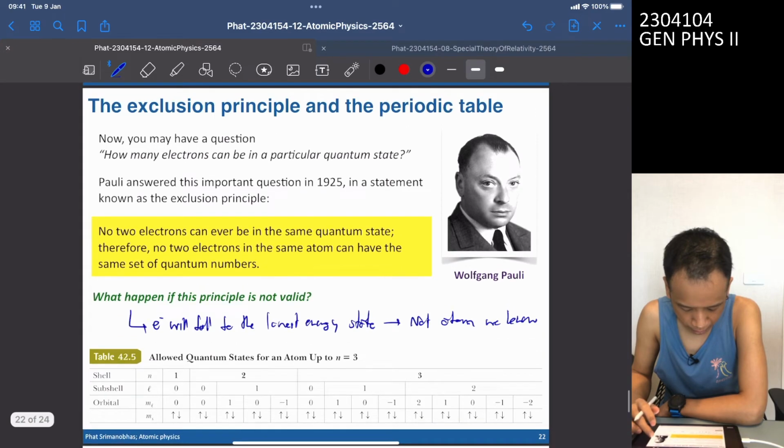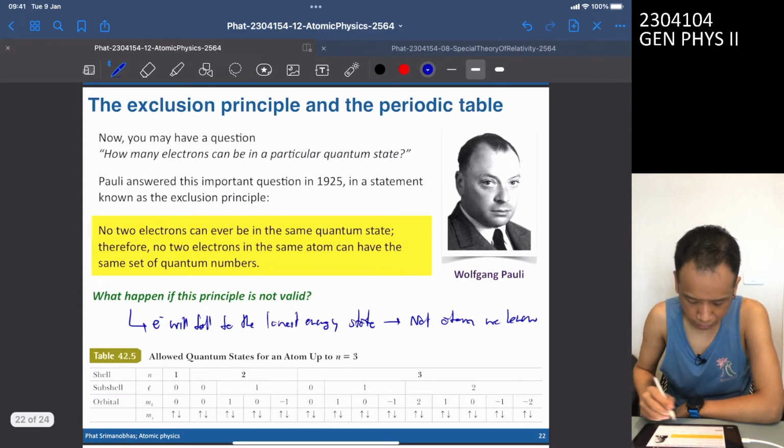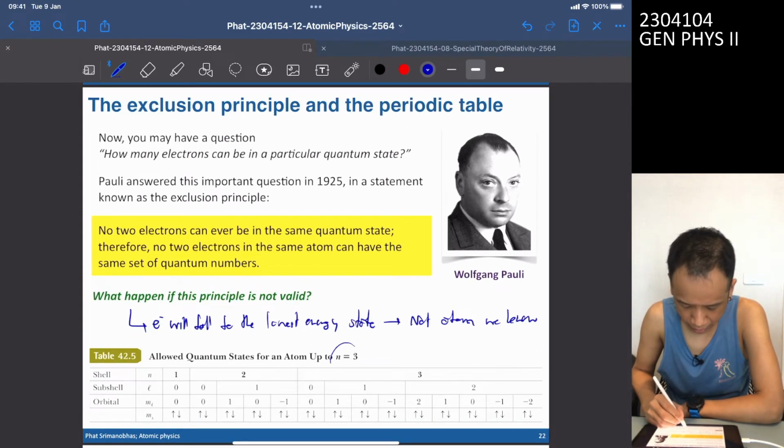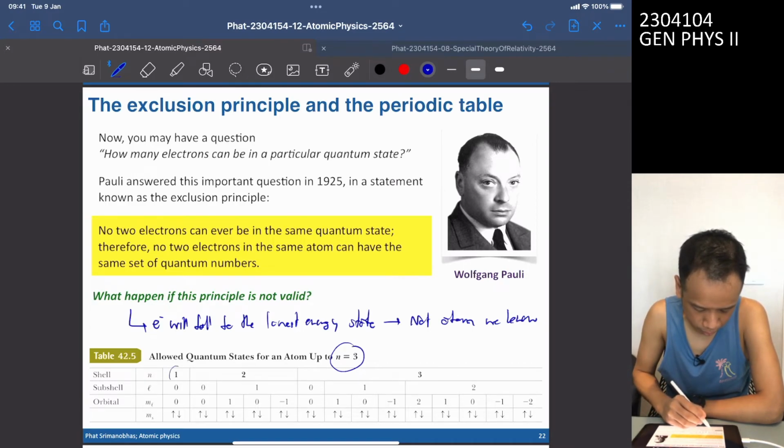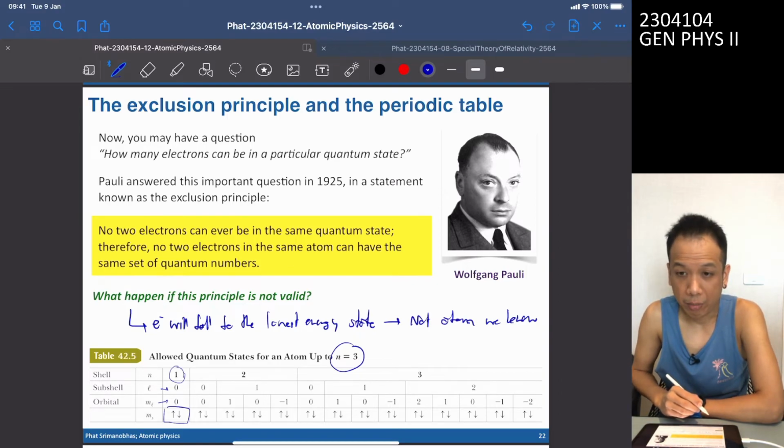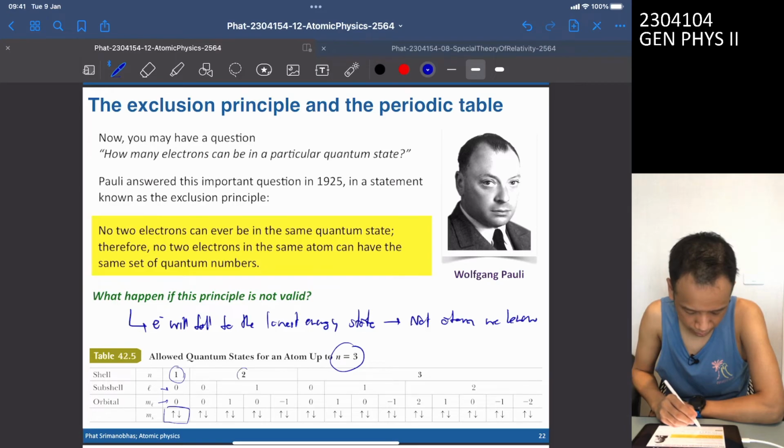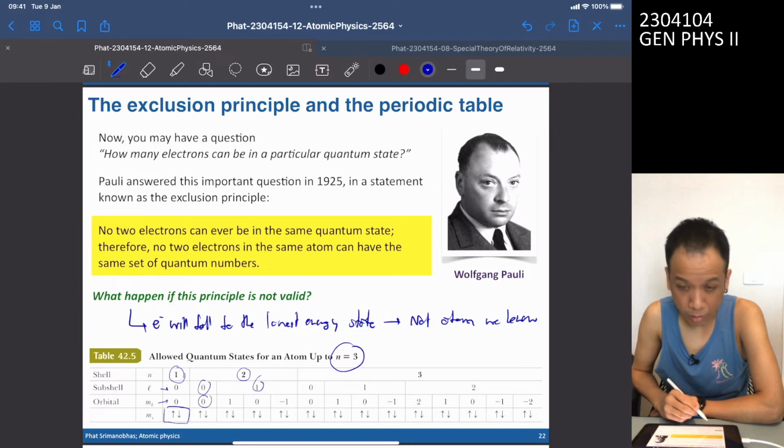So this is an example of the atom up to n equal to 3. For n equal to 1, you have l equal to 0, m_l equal to 0, and the spin is just up and down, plus half or minus half. For n equal to 2, l is possibly 0 and 1. For l equal to 0, m_l is 0.